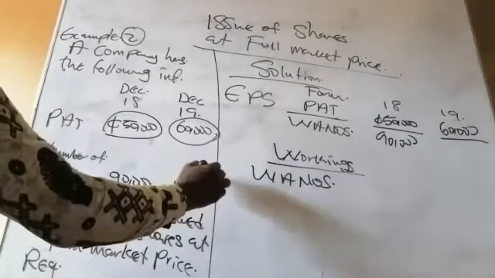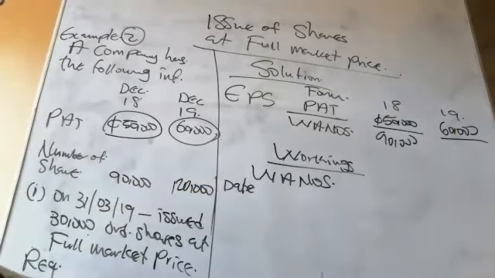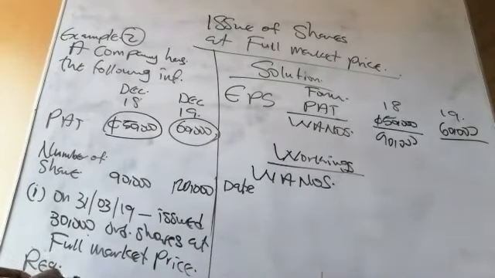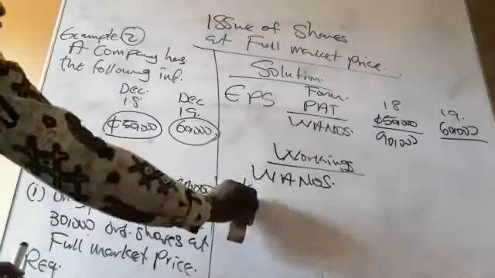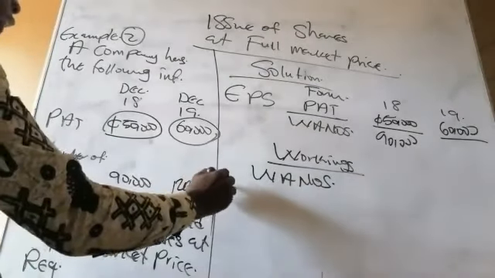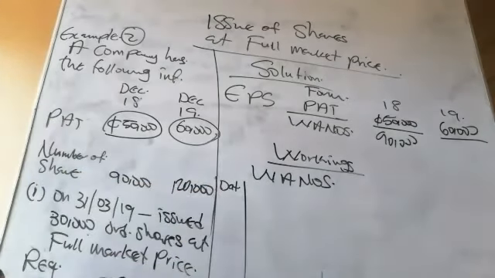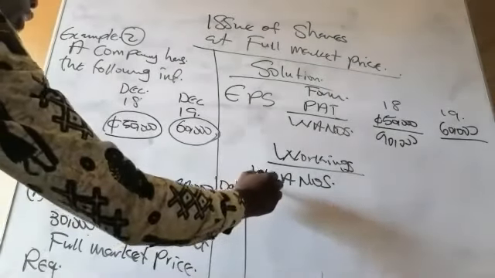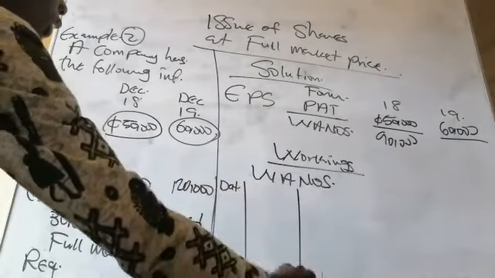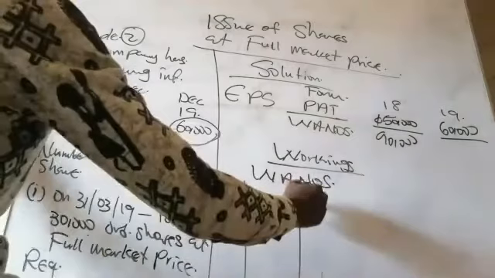So you start with the date. First item is the date. Second is the detail or the narration. The next item will be the number of shares.